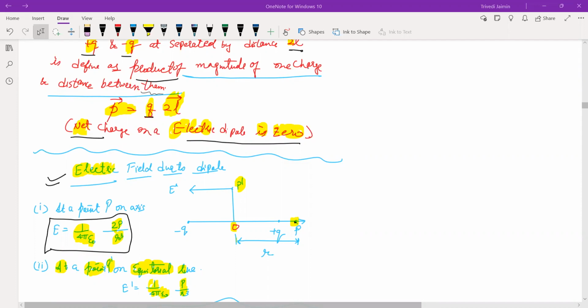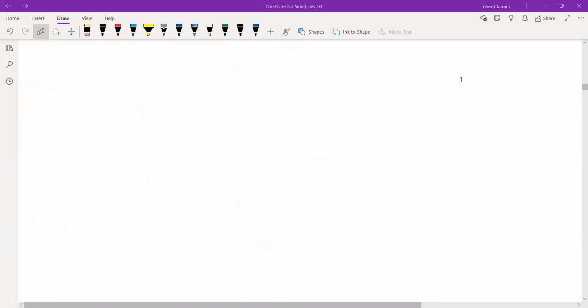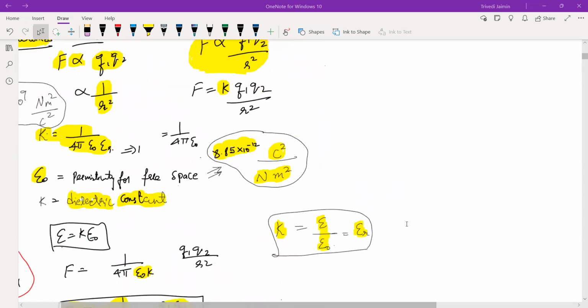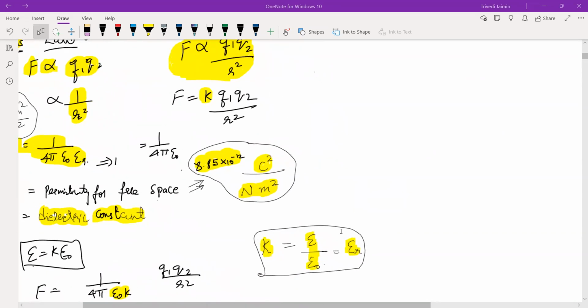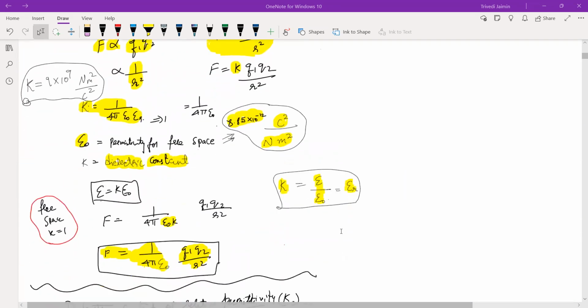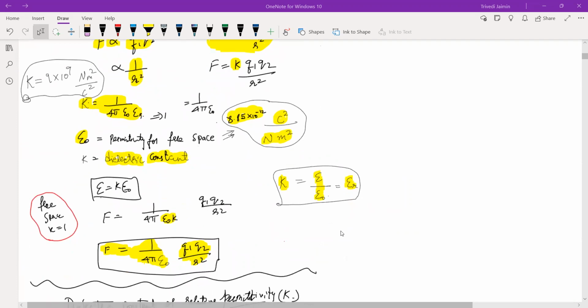So now we are taking epsilon naught, which is for free space. You will have these things in magnetism also, so better learn it now itself. Permittivity epsilon naught is for free space, and K is your dielectric constant.